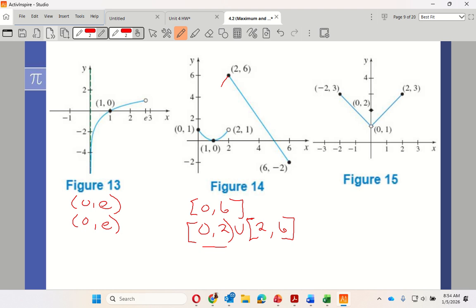There is a local max, and they say local max is 6. Local min is 0. Oh, yeah.